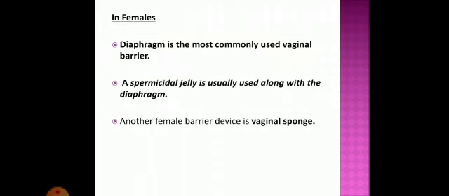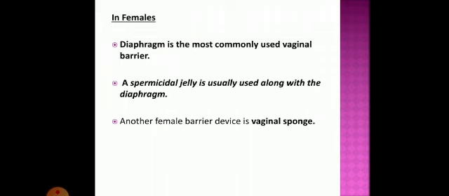In females, the physical method is the diaphragm, which is the most commonly used vaginal barrier. A spermicidal jelly is used along with the diaphragm. Another widely used physical contraceptive method in females is the vaginal sponge.